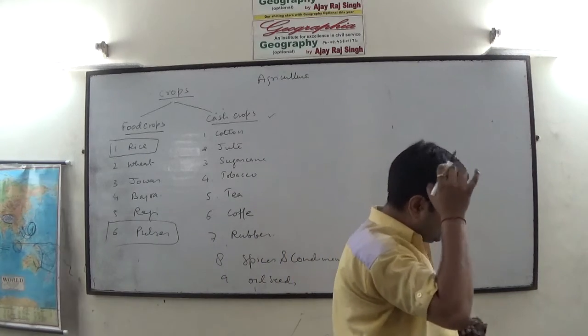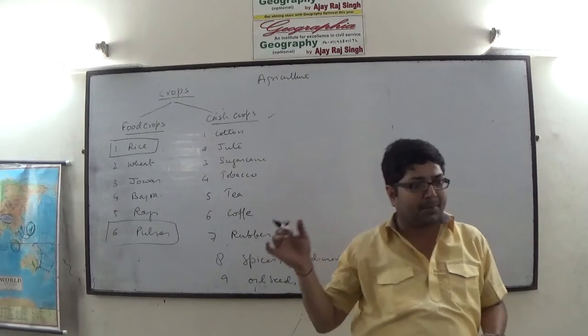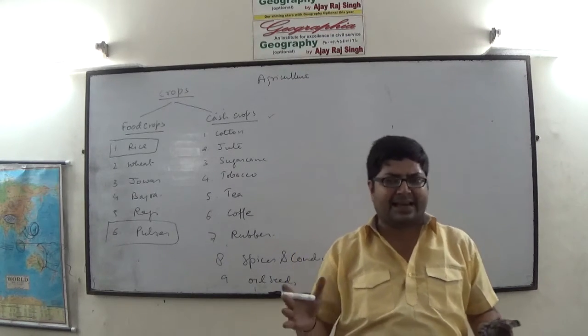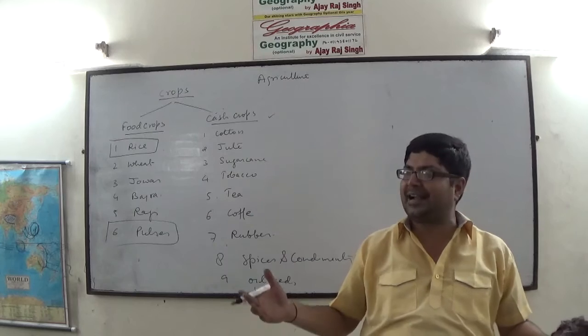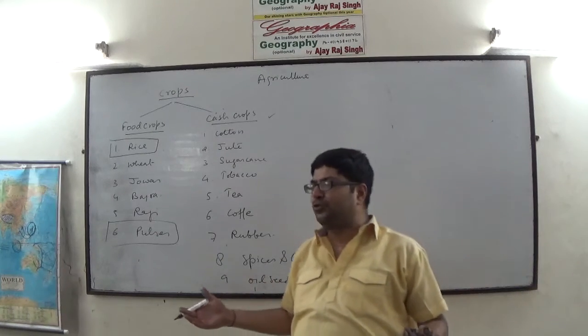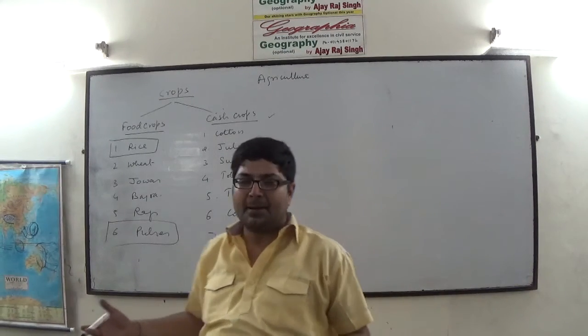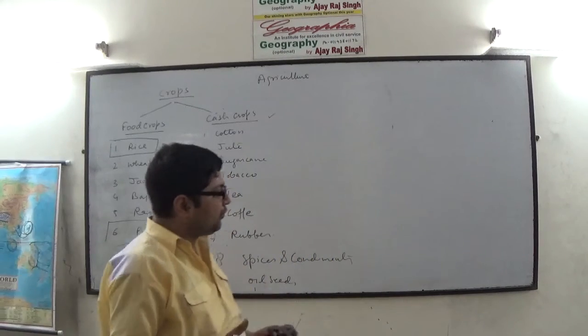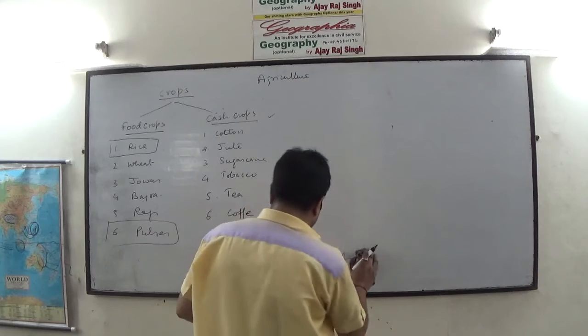At times I will draw the map of the country to depict the distribution pattern of the area. Acreage is different from production. At times, a crop may have huge acreage in a particular state, but in terms of production the state may lag behind. First, we are starting with rice.